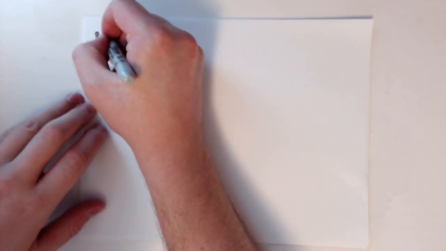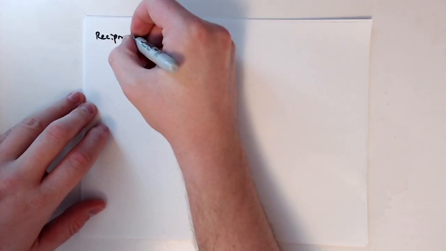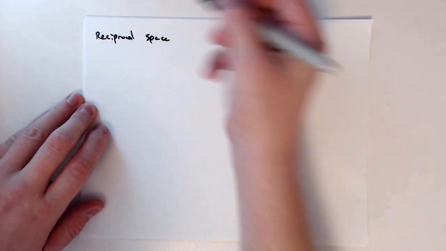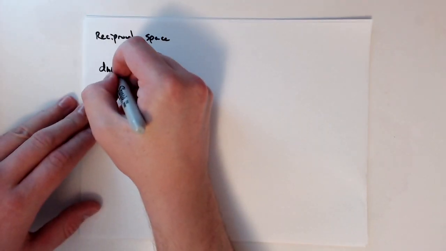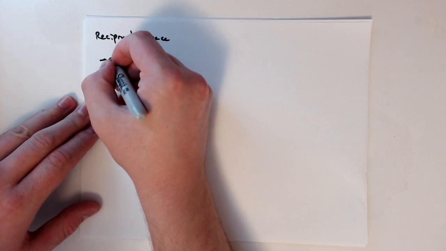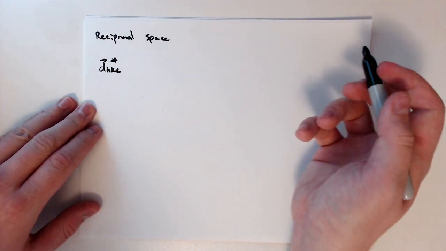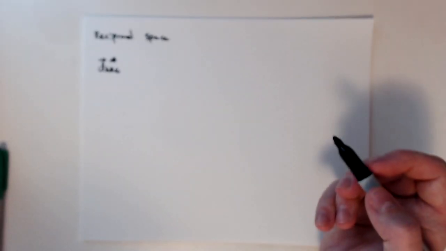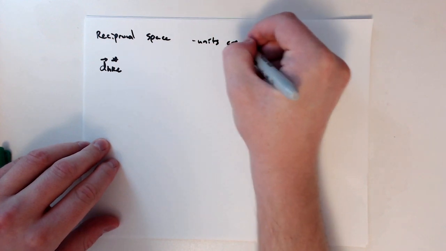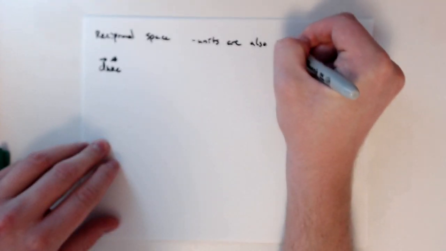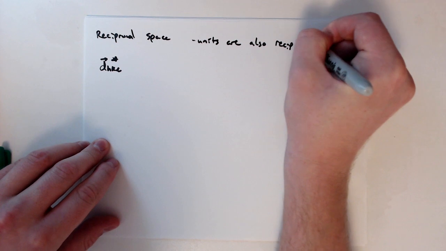All right, so one thing you should keep in mind when we talk about reciprocal space. We just defined a vector d_hkl star, right? Well, this is in reciprocal space. So when we are in reciprocal space, the units are also reciprocal, right?